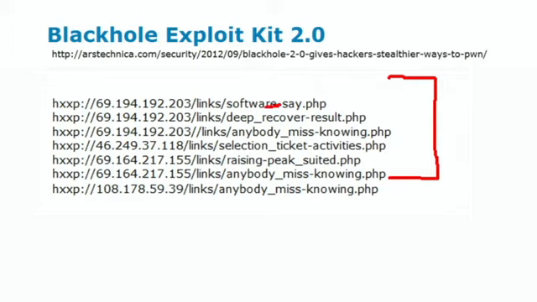So you see deep_recover-result, anybody_miss-knowing. And they must have some kind of dictionary set. One of our other team members who's on the call frequently, Matt Kaiser, has been doing a lot of research into this particular one lately. So maybe we'll get him on to one of the upcoming shows to kind of talk about it.